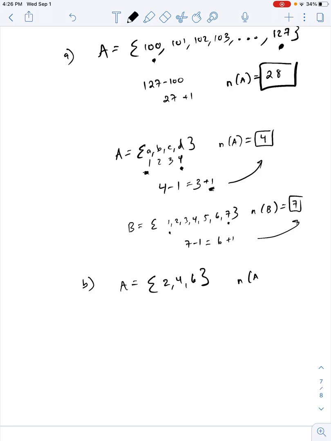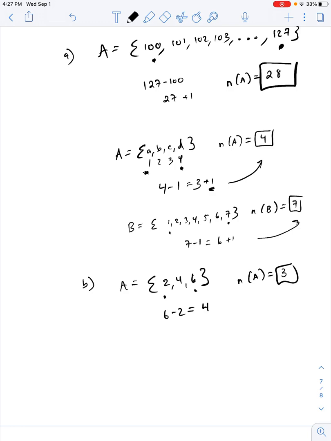Well, we know there's 3 things in there, so that means that cardinal number is 3. But how can we do it the same way that we just did, working with the first and last one? Well, we subtract 6 minus 2. Right, we do 6 minus 2. It gives us what? 4.